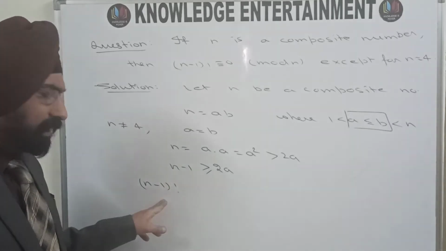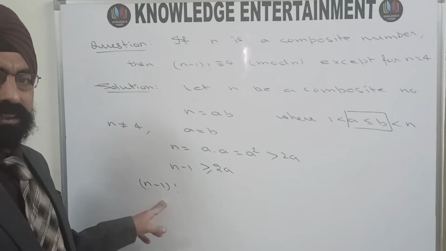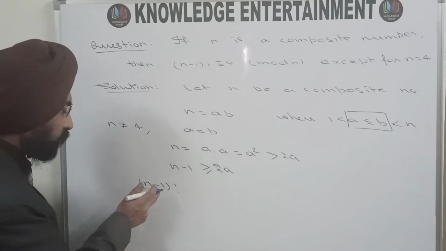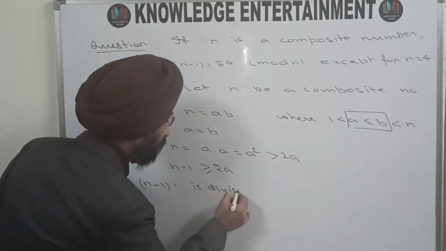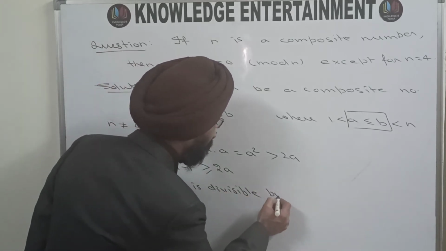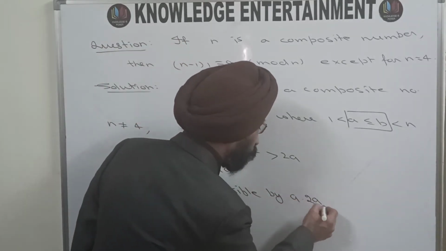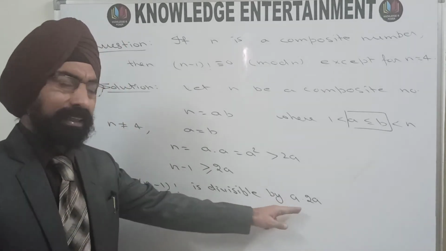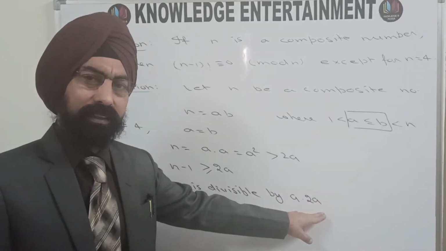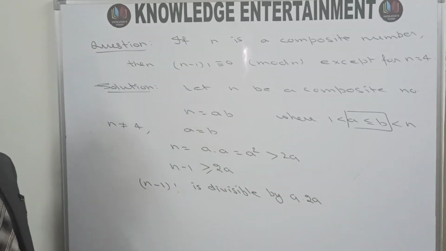So a will divide this number, 2a will also divide this number. So n minus 1 factorial is divisible by a and by 2a. So it is divisible by a into 2a also. It has a as a factor and 2a also as a factor. So that means a and 2a, their product will also divide n minus 1 factorial.